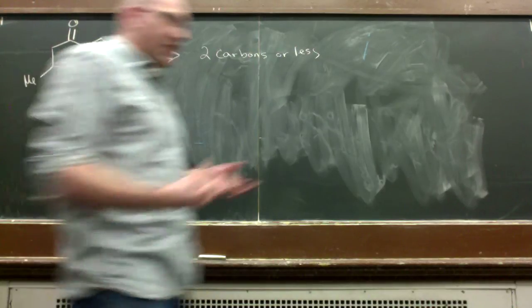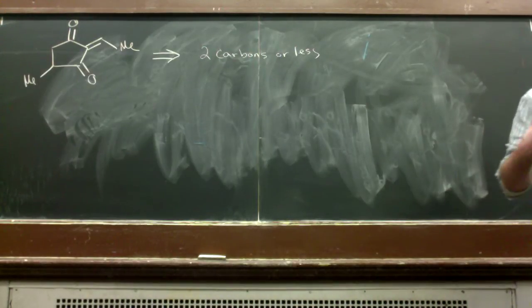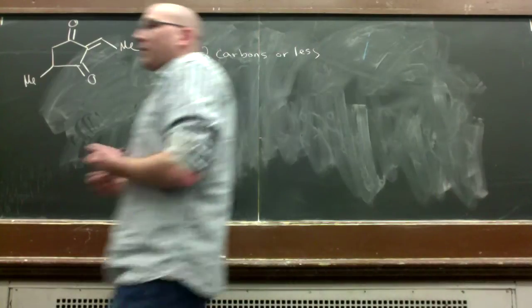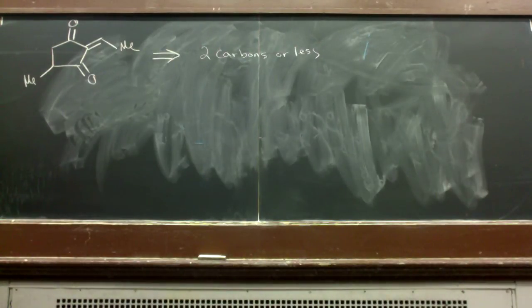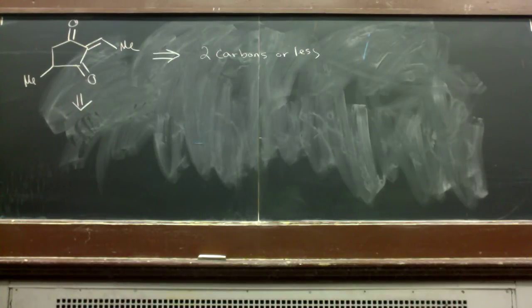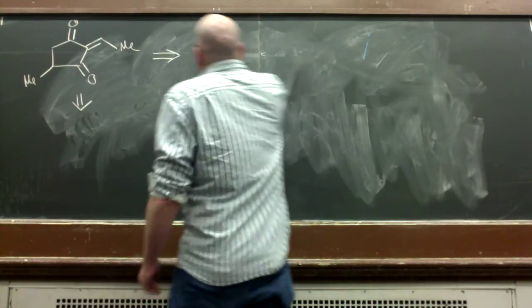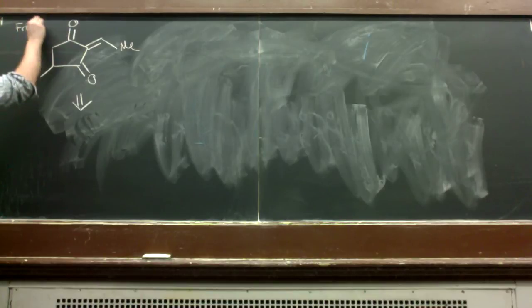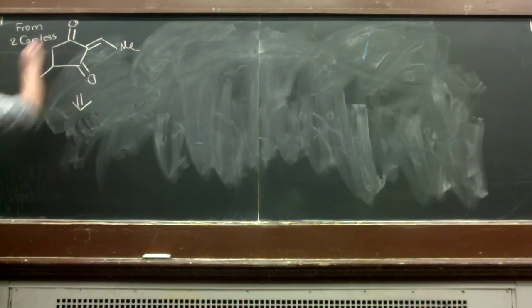Now, from a retrosynthetic analysis standpoint, what you'll often want to do is look at the molecule, and sometimes you can have that 2 carbon in the back of your mind, like, oh yeah, that would be good. But you're often really not worrying about that. You're just thinking about what could be the precursor to this molecule that would be a single step to make, right? And so one of the things that we'll do is 2C or less, so from 2 carbons or less.